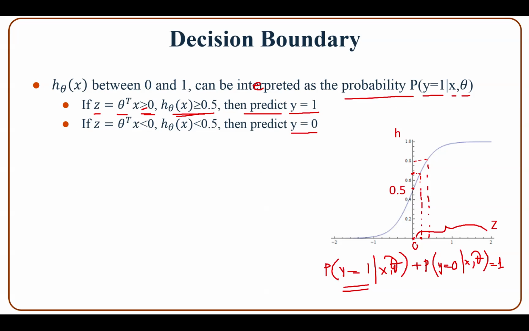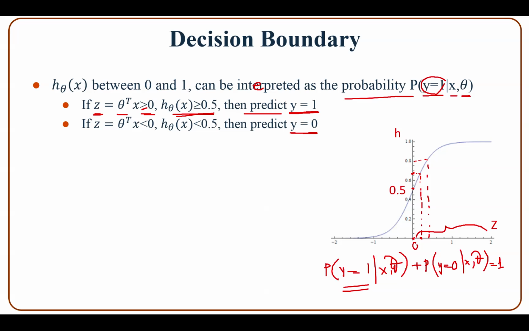The sigmoid function is between 0 and 1, so it can be interpreted as the probability of y equal to 1 given x and the parameter theta. If z, which is equal to theta transpose times x, is greater than or equal to 0, then the sigmoid function is greater than or equal to 0.5, and we predict that y is 1. Otherwise we predict that y is equal to 0.